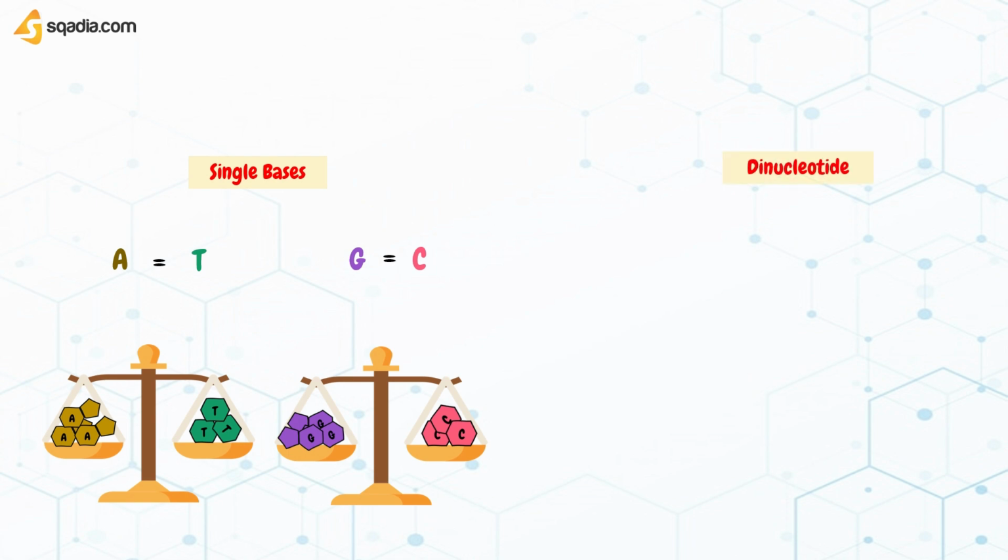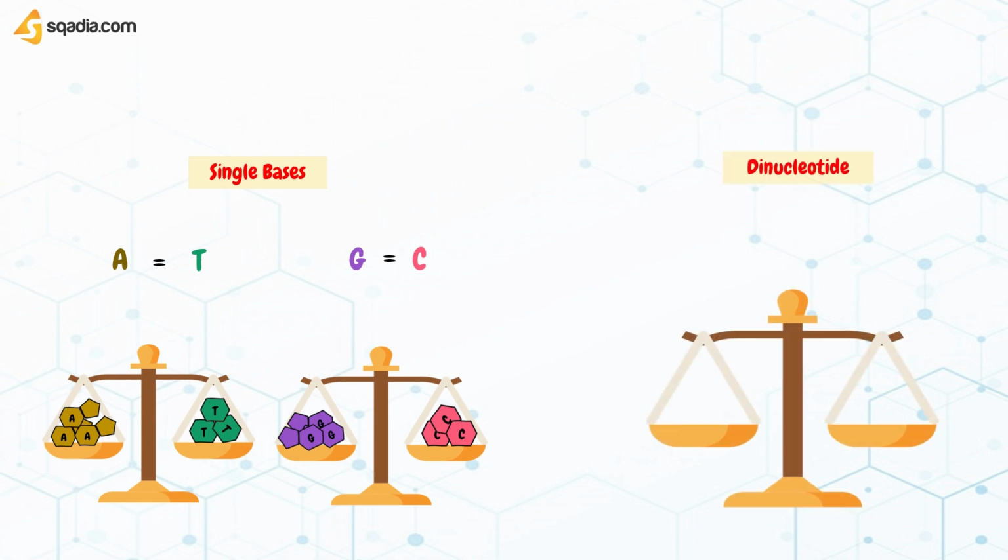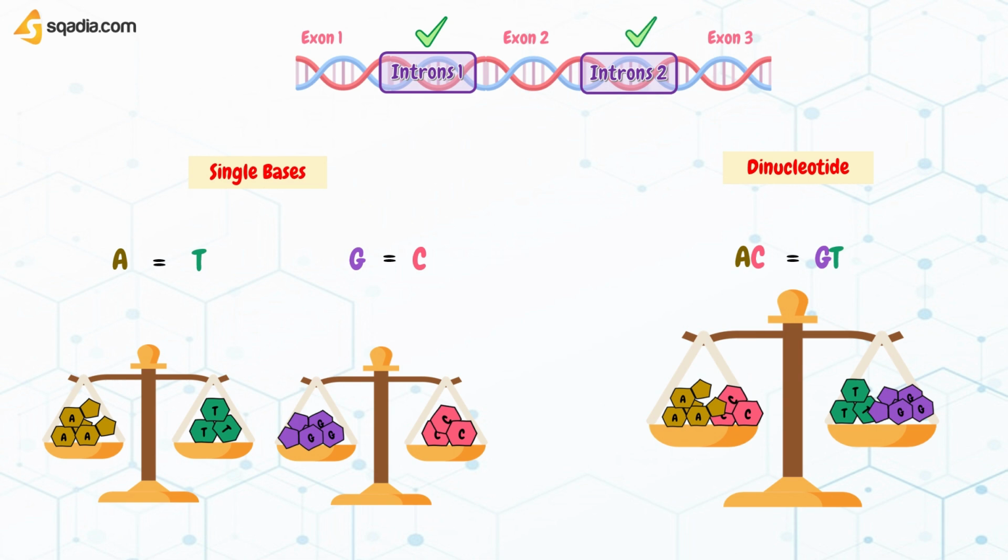For example, in a very long strand, there are approximately equal numbers of adenine-cytosine and thymine-guanine dinucleotides. The reasons for the existence of this rule are not clear, but sequencing of many genomes has shown it to be nearly universally true. The second parity rule applies more closely to introns than to exons.